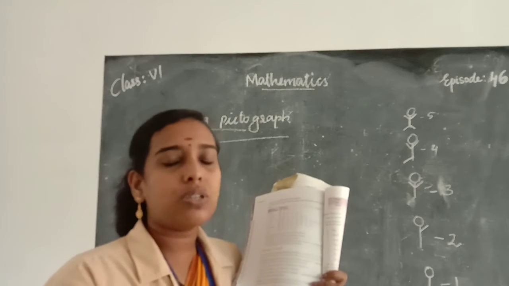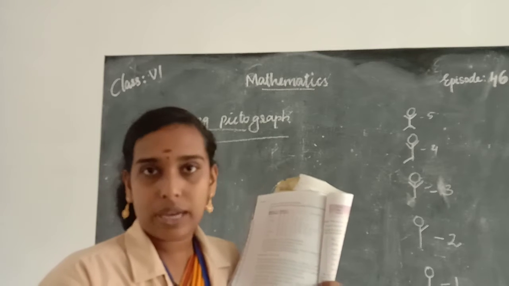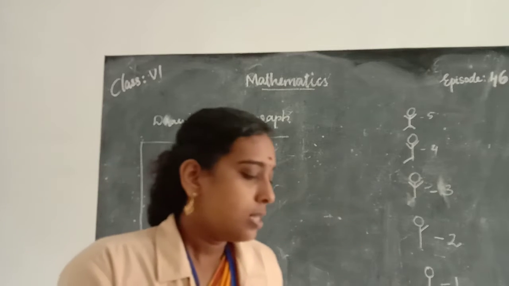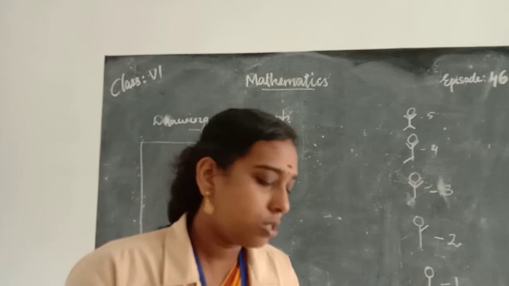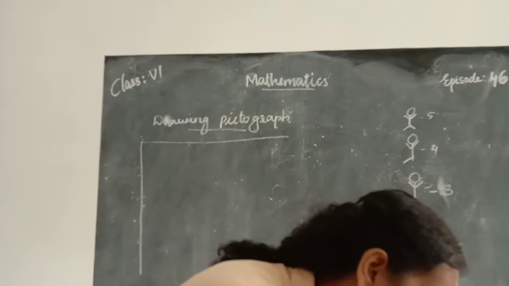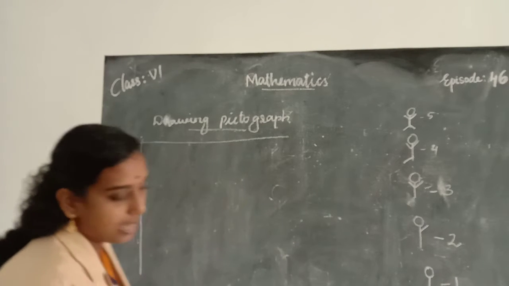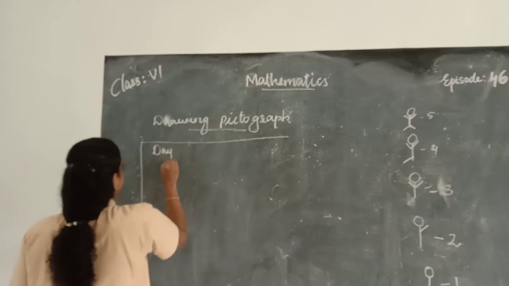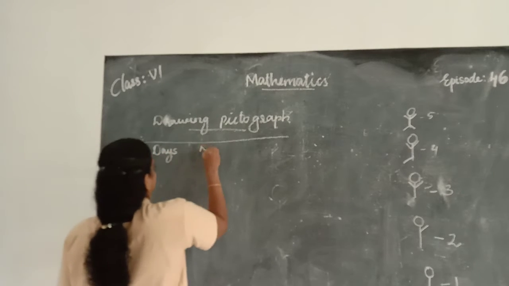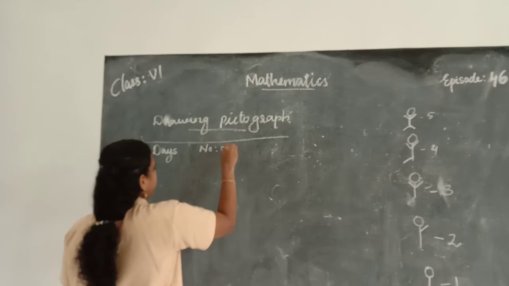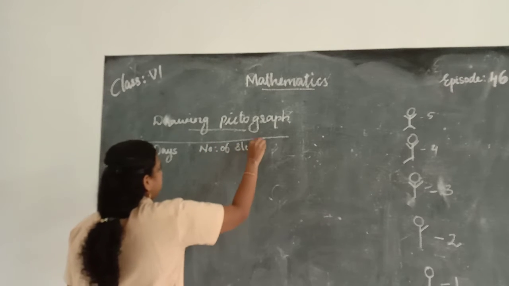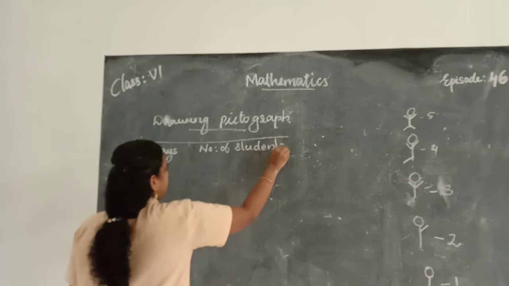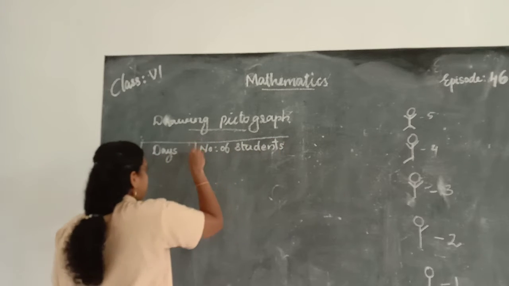We want to draw the pictograph using symbols. So first you draw the 2 columns: days, and number of students present.